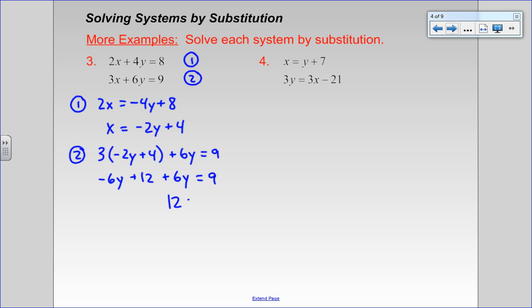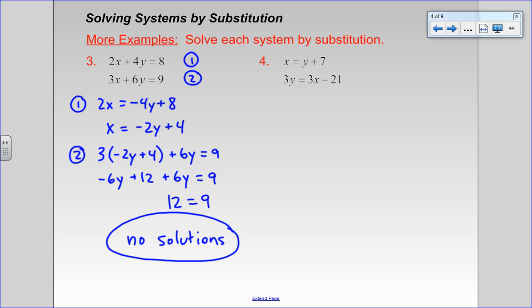So we have the equation 12 equals 9. This equation is always false. There are no values of x and y that would ever make this equation true. Since we have a false equation, we say that our system has no solutions. This is the case anytime we try to solve a system and obtain an equation that is always false. If we were to graph these two equations, we would see parallel lines.